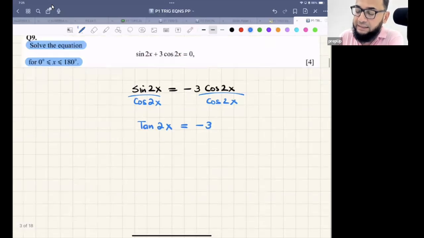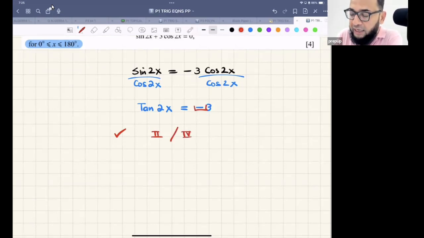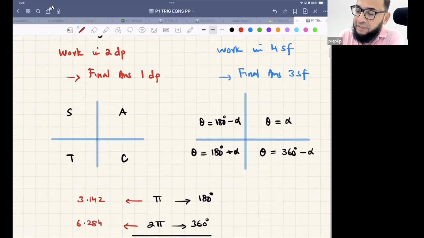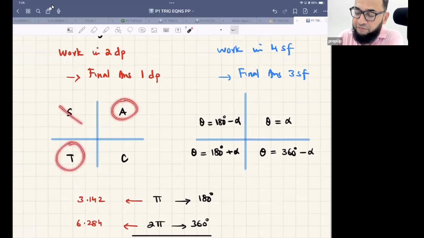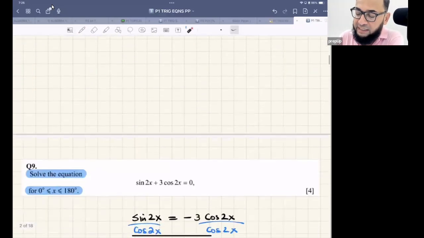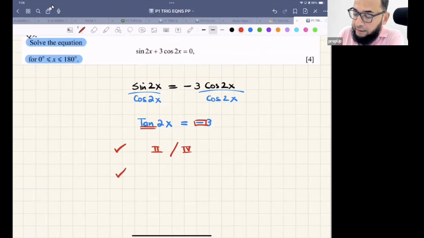That is the step from which we will start working. First of all, consider the quadrant. First and third are positive, so for the negative value of tangent it is second and fourth. In the second quadrant, 180 minus the basic angle, and in the fourth, 360 minus the basic angle.